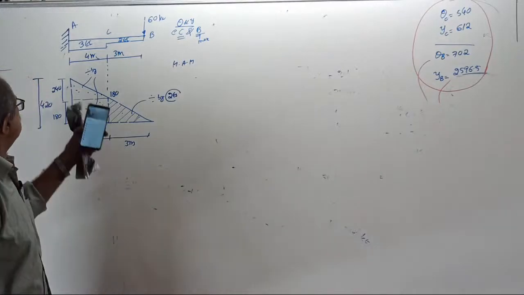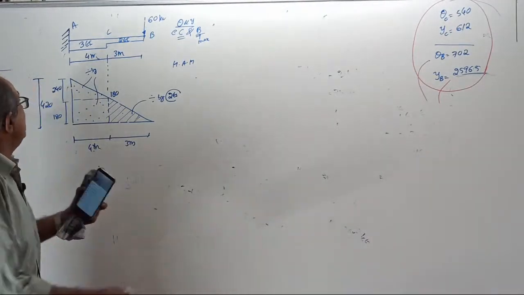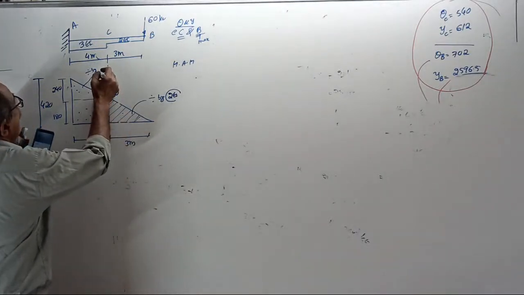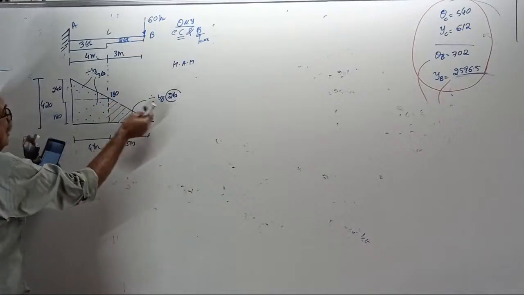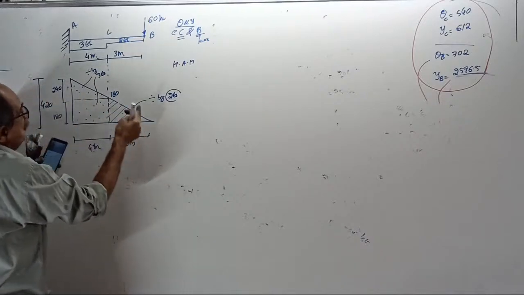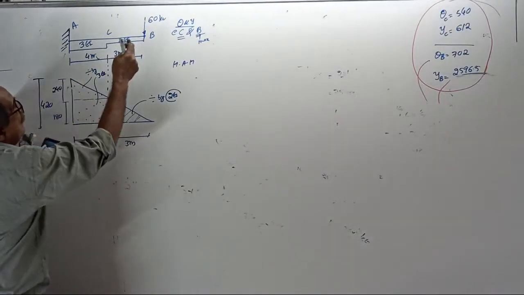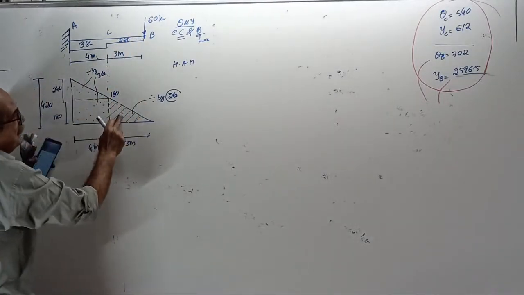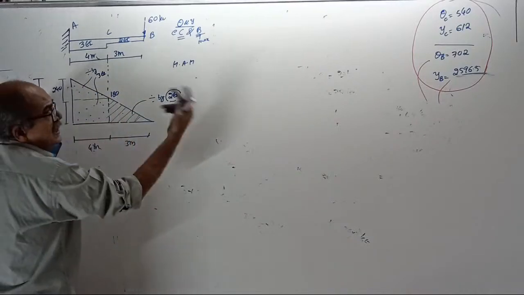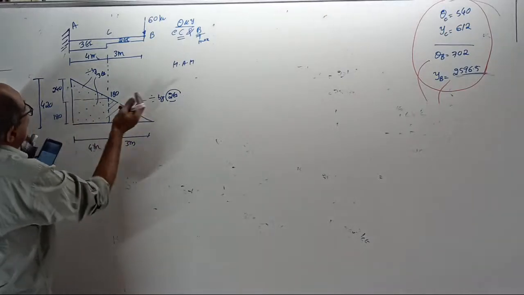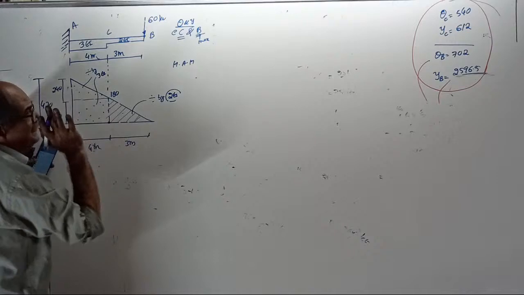Answer. If you use these two, this rectangle or triangle, divide by 3 EI. Fully clear? Now, when you want slope at B, full area: this area by 2 EI, this area by 3 EI, this area by 3 EI. When you want moment about this point, moment of this area by 2 EI, moment of rectangle by 3 EI. When you want slope and deflection here, only this side you have to see. Both divided by 3 EI.